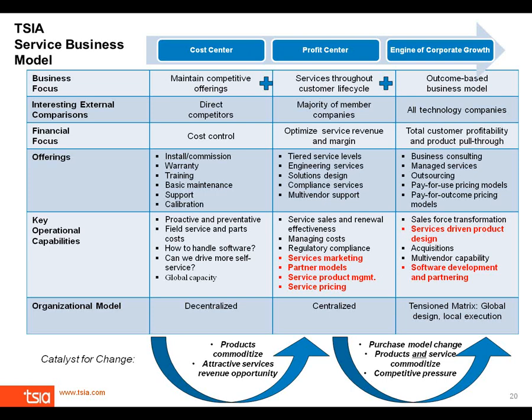In order to survive, along the bottom you can see that as products commoditize and you start to see new revenue opportunities, companies have been moving away from simple warranty, support, and maintenance agreements, and moving towards services that they could deliver throughout the customer life cycle.